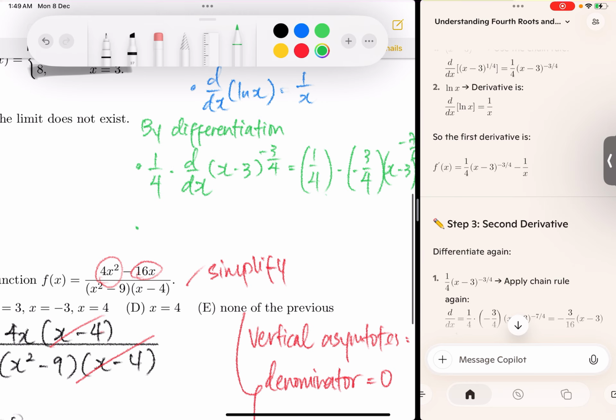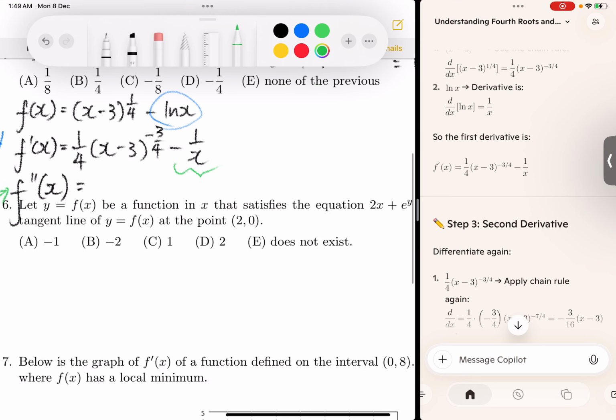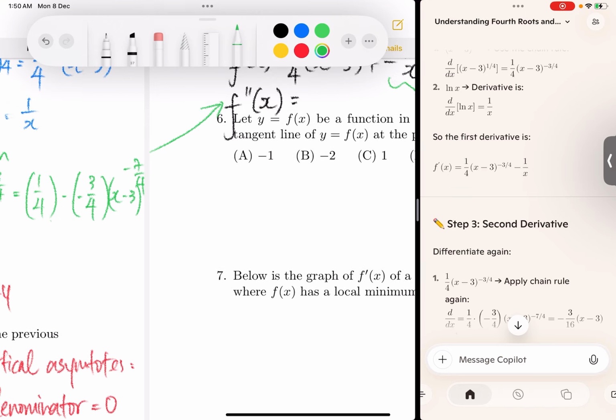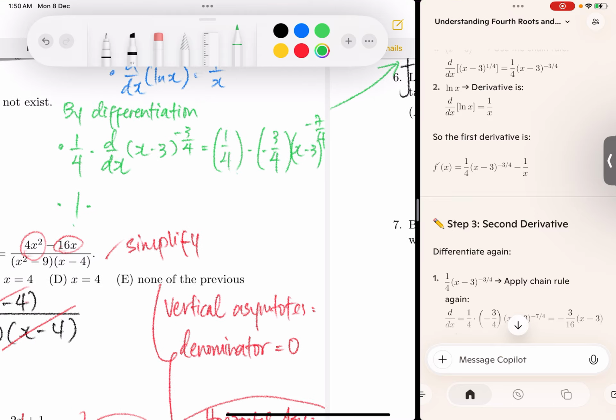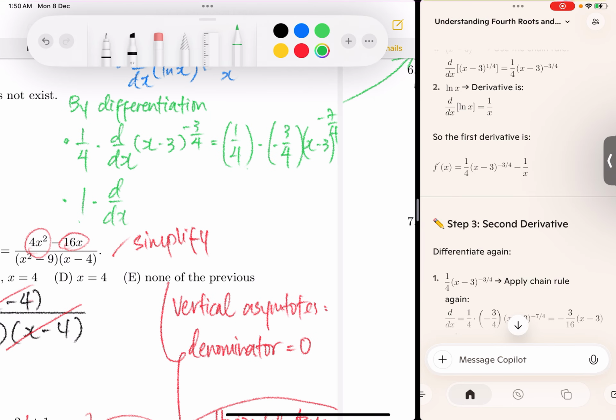So it will be d over dx of 1 over x. But here, remember, we told ourselves that if x is at the bottom, it can just become x to the negative 1, right? So that's what we're going to do. We're going to put 1 times here. And then d over dx of x to the negative 1 equals 1 times negative 1 x to the negative 2.